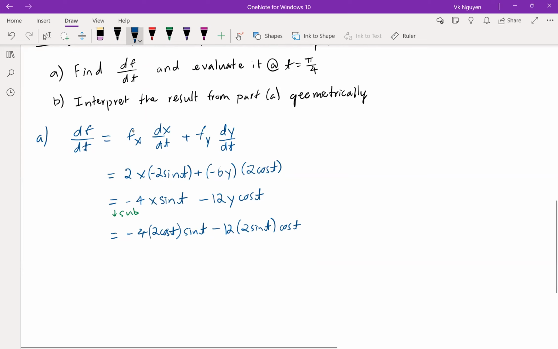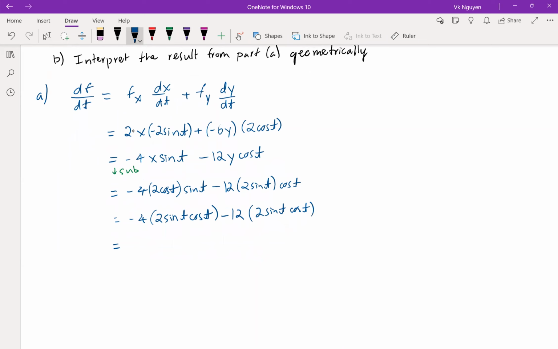Almost done here. So it's negative 4 times 2 sine t cosine t minus 12 times 2 sine t cosine t. We have negative 16 times 2 sine t cosine t, and 2 sine t cosine t is sine 2t. It looks much better: negative 16 sine 2t.